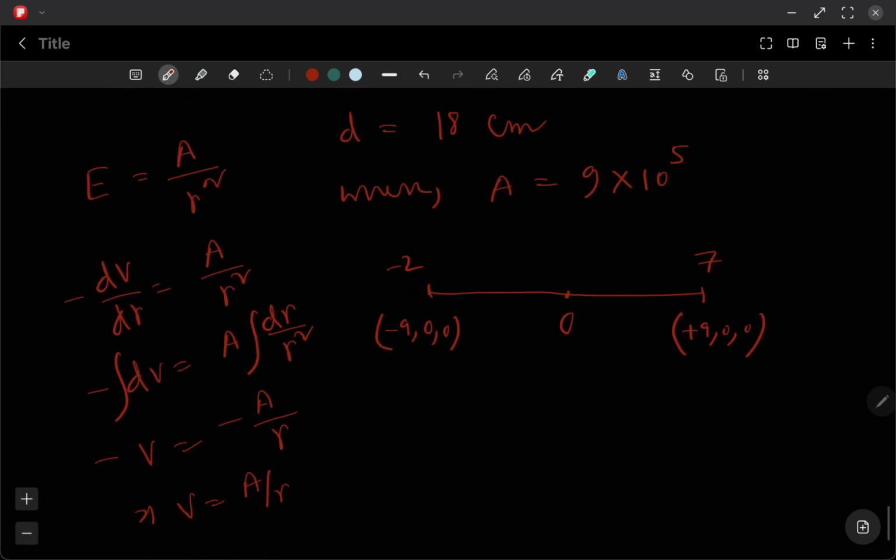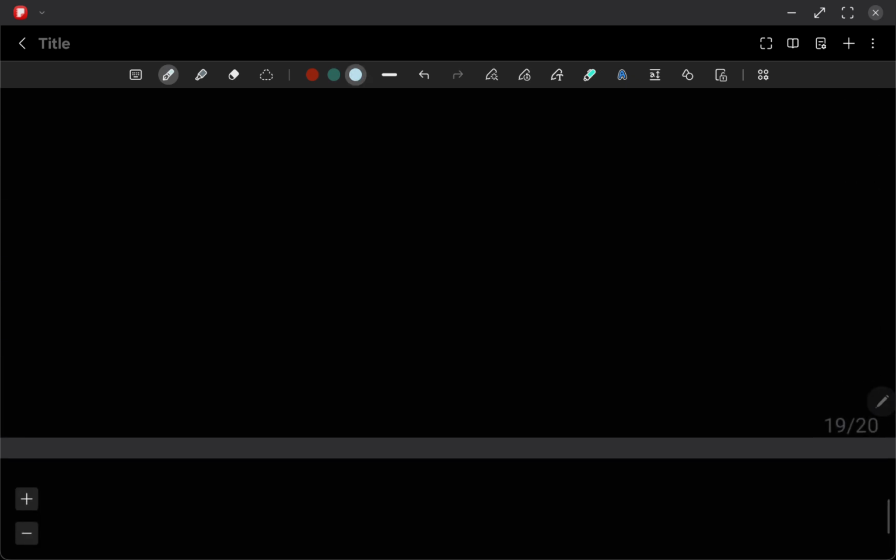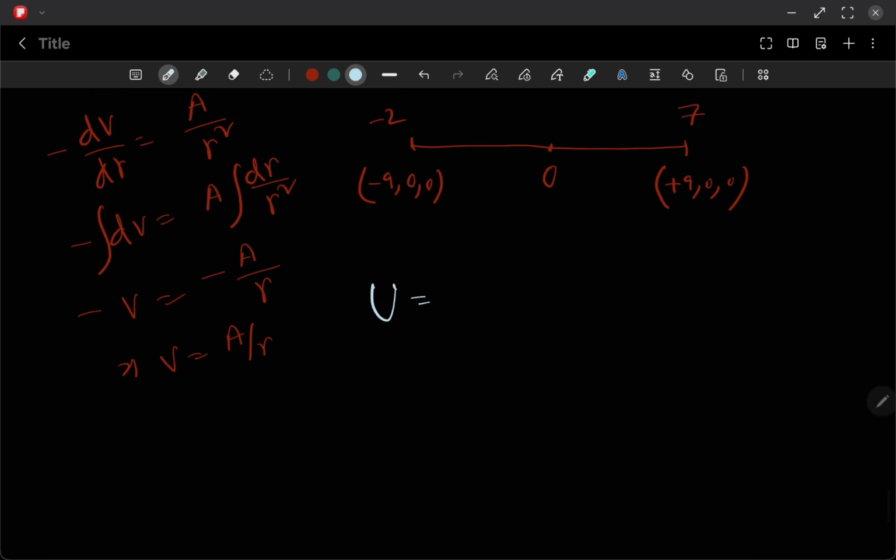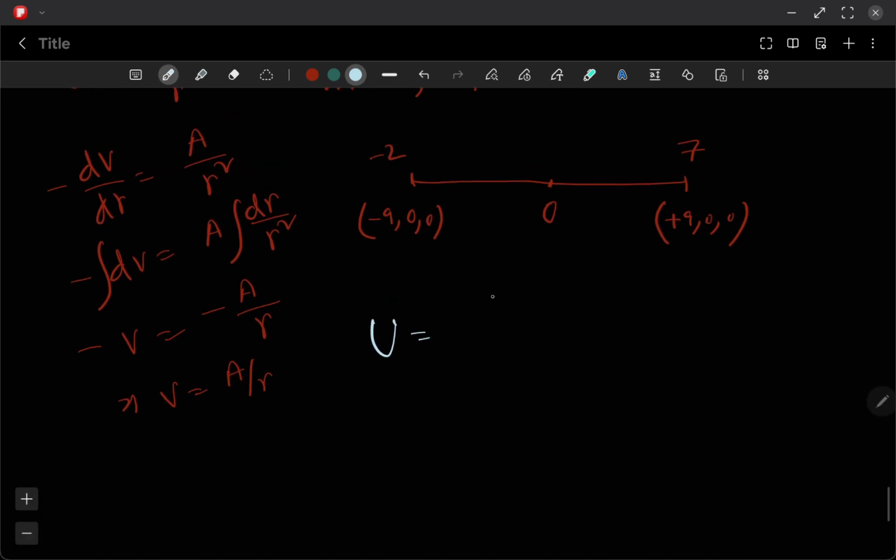So what is the energy? From the formula, U will be Q1 V1, that is minus 2 into V1.